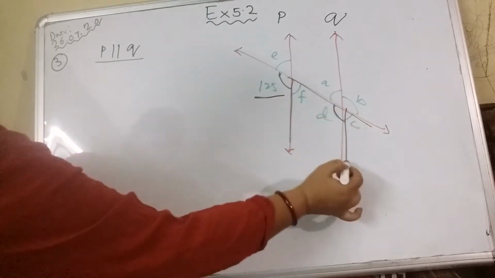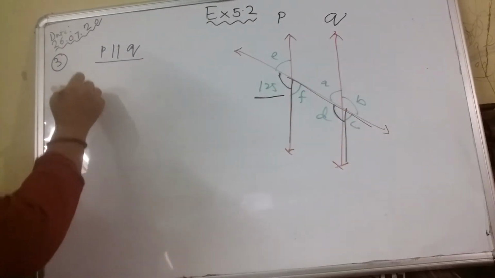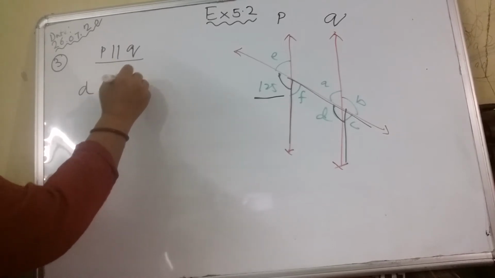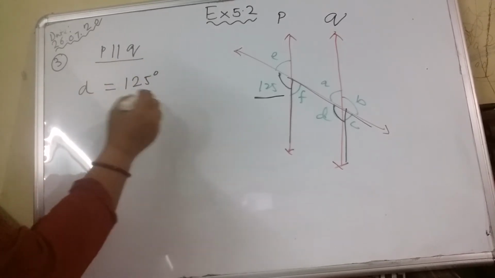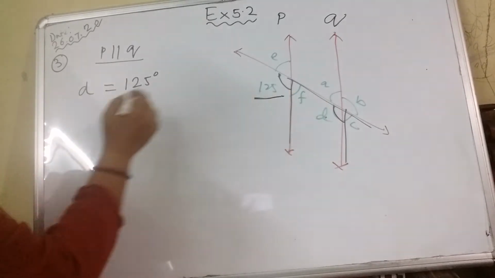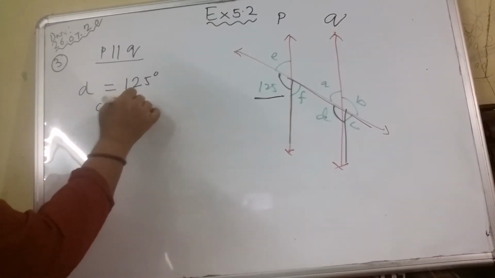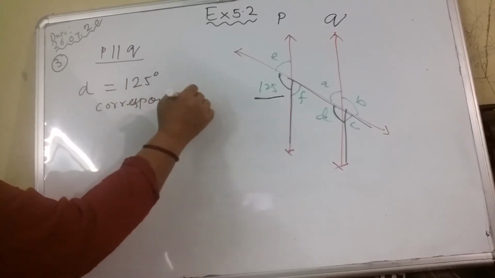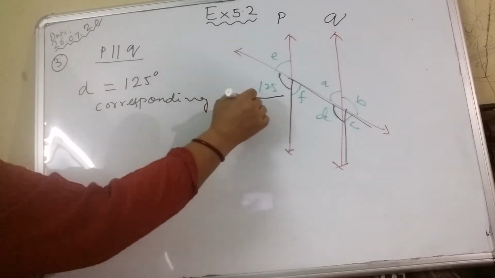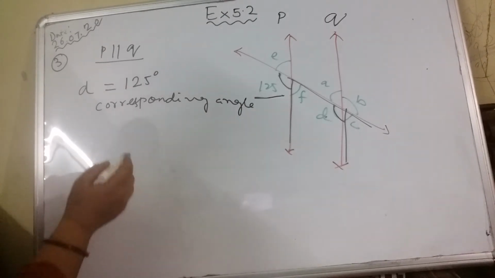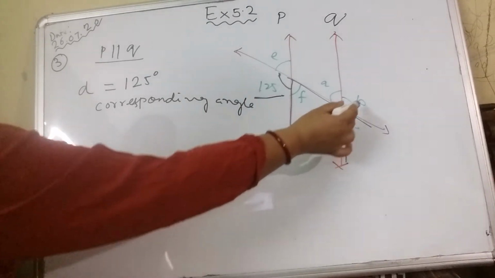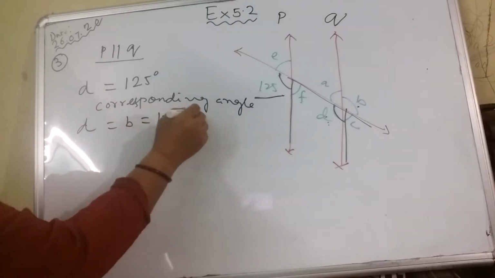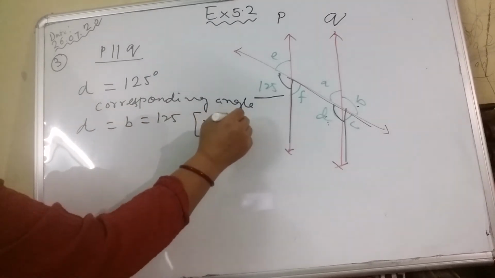So this angle D equals 125 degrees because these are corresponding angles. Okay, so you got D. So D equals B because they are vertically opposite angles.